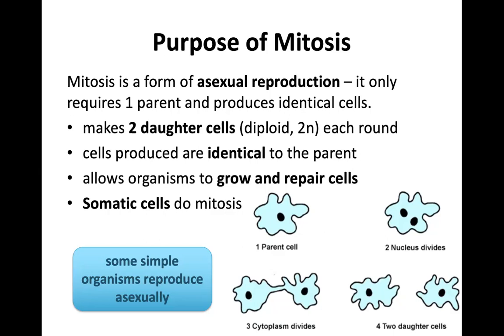How many chromosomes is each daughter cell going to have? 101. Each daughter cell. Why? It's an exact replica of the parent cell. One parent, identical offspring. So if the parent cell has 101, each daughter cell is going to have 101. Y'all with me? That is the diploid number.